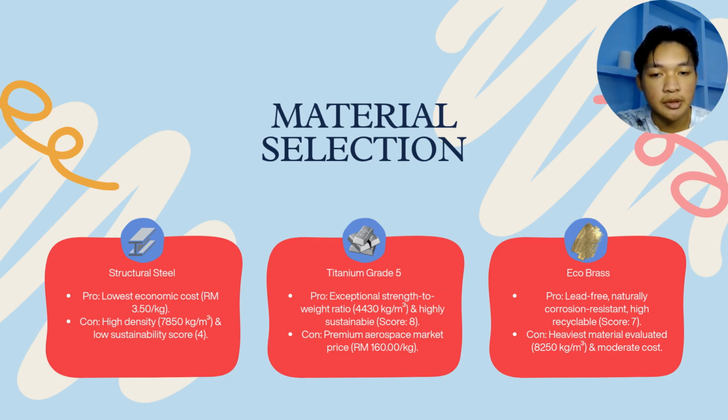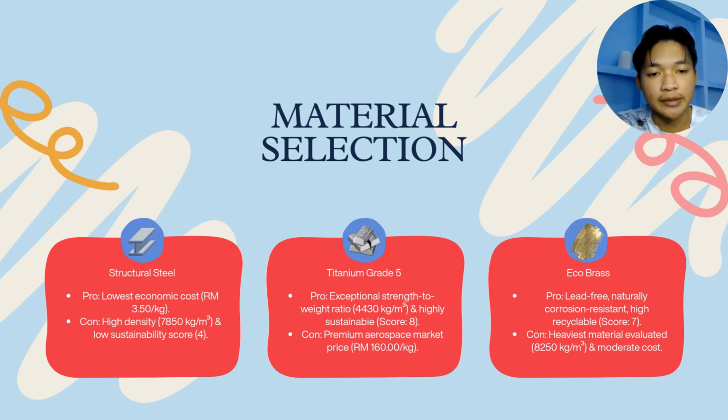And then the second material is titanium grade 5. The pro of this material is exceptional strength to weight ratio, with a density around 4,430 kilogram per meter cube, and high sustainability score, which is around 8. The con for this material is it is very expensive, which costs around 160 ringgit per kilogram.